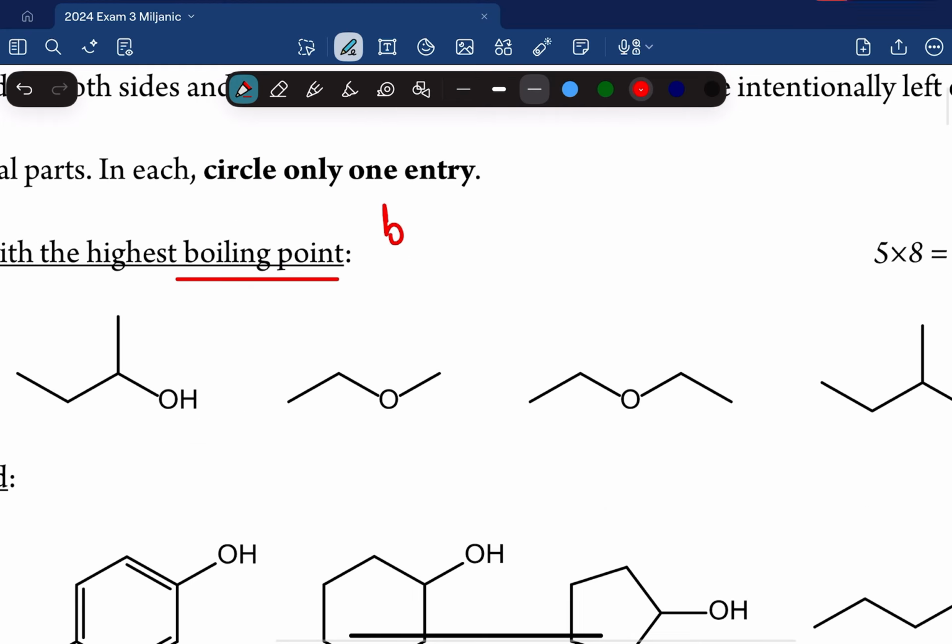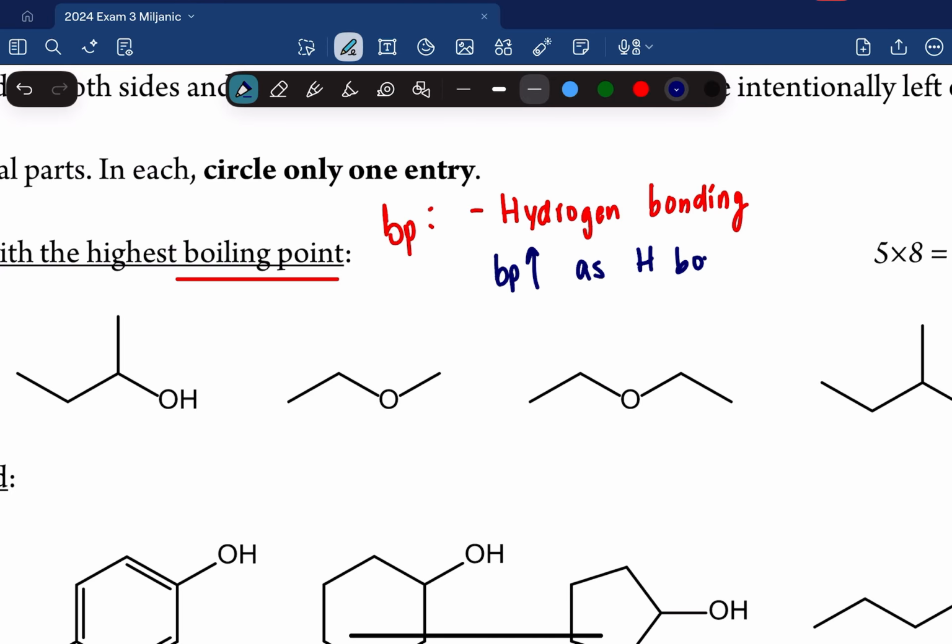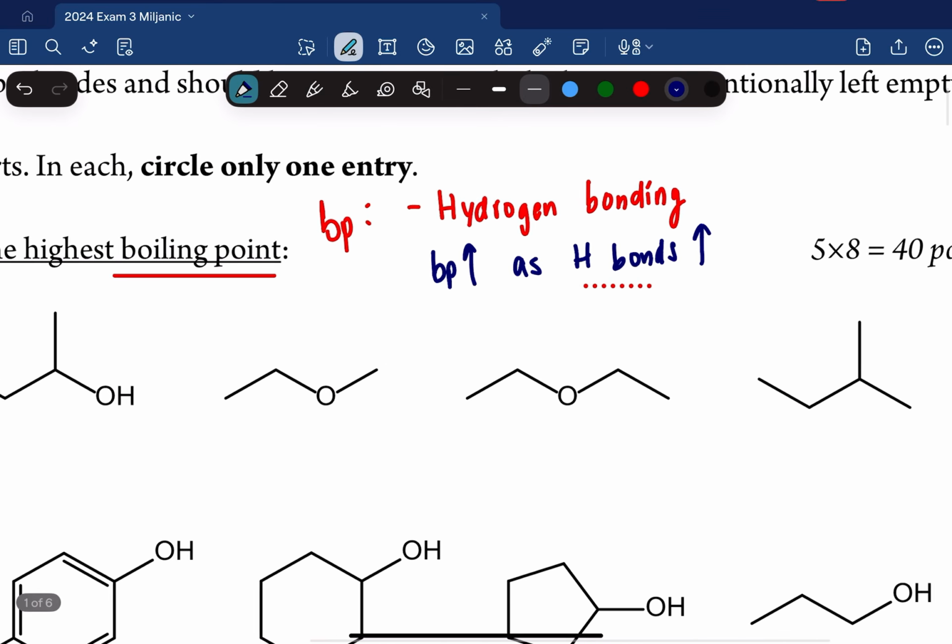So boiling point, this is based off of hydrogen bonding. So if a compound can hydrogen bond, then the boiling point goes up as H bonds go up. So then you have to know what engages in H bonds.